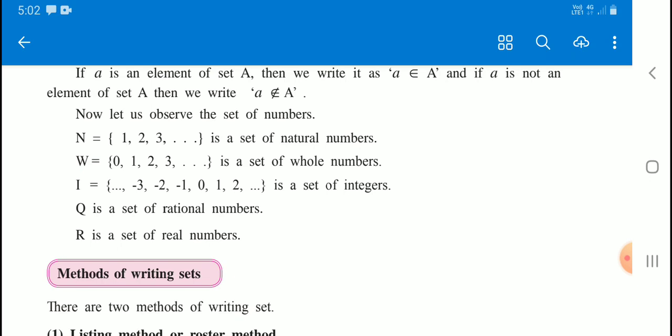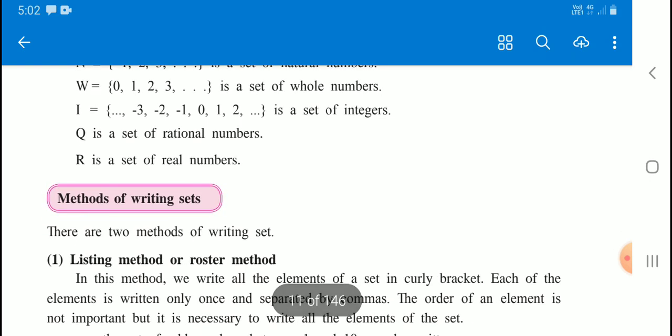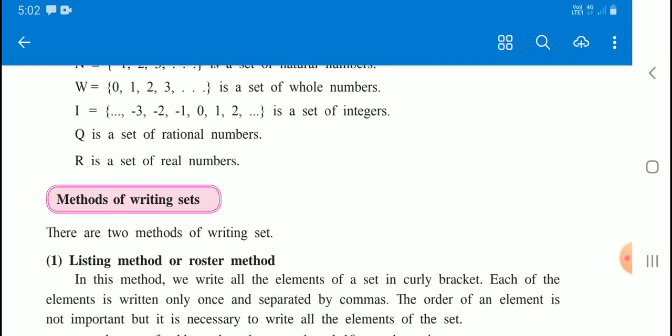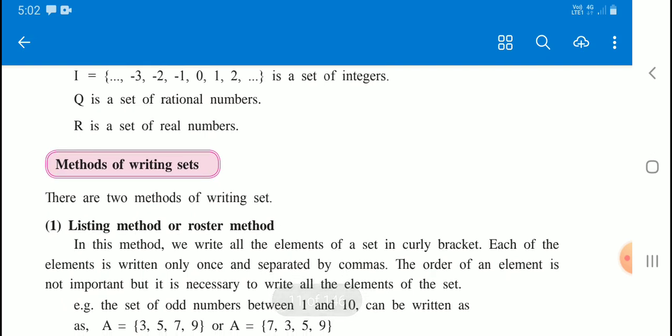We write the set of rational numbers in the form p upon q, where p and q belong to the set of integers. One condition is that the denominator q should not be 0. Next is the set of irrational numbers, which we denote by Q dash.